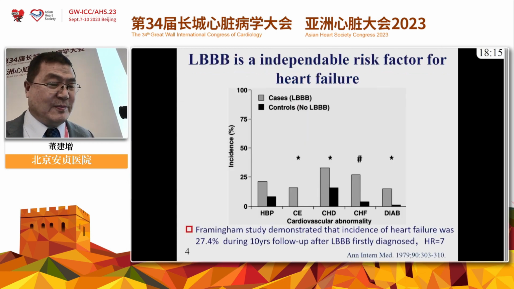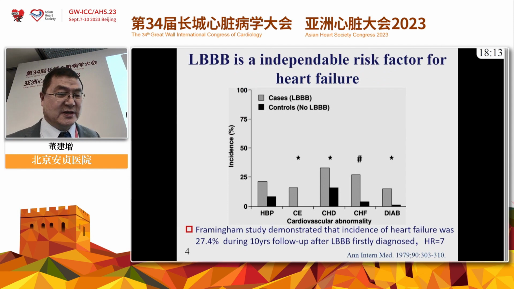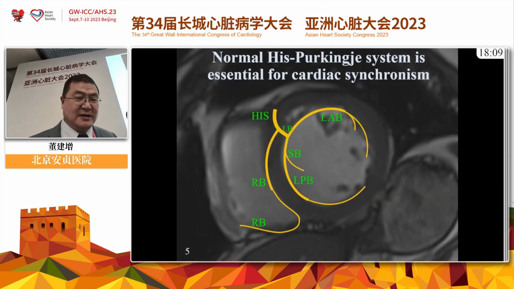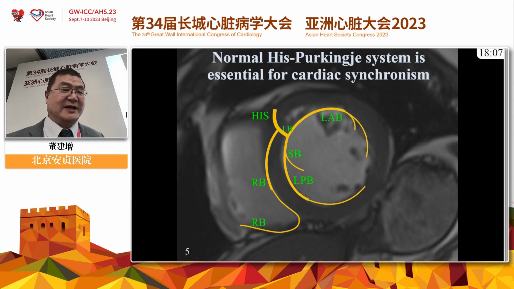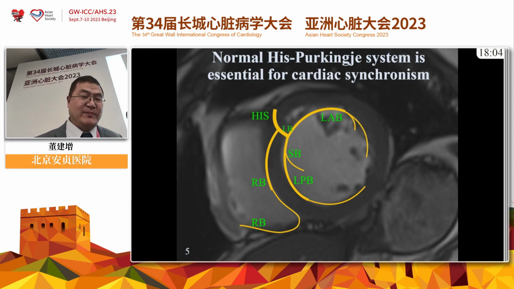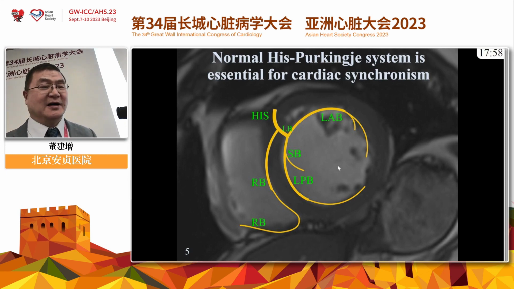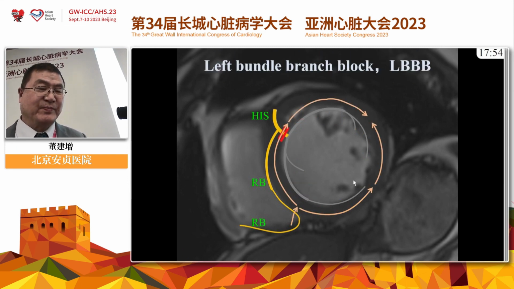Bundle branch block is associated with heart failure. There are many data that demonstrated that. Let's review the normal conduction system. The synchrony of the left ventricle depends on the normal His system.